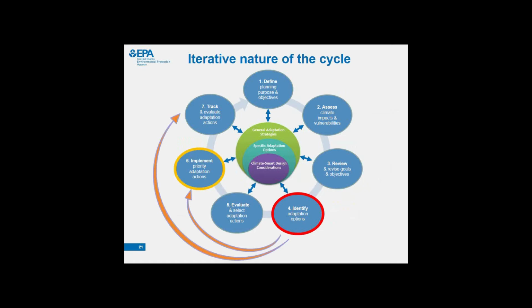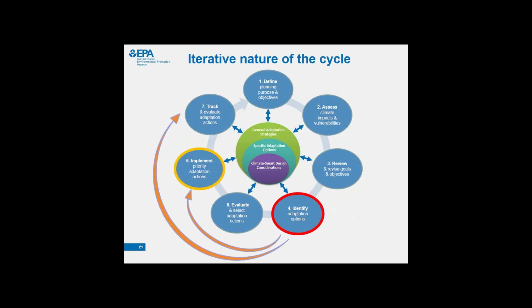The information in the tool also relates to step 7. You might recall that in worksheet 1A, there's a column that asks about your management targets, what metrics you're going to use to measure effectiveness, and how climate change might affect the way you measure them.